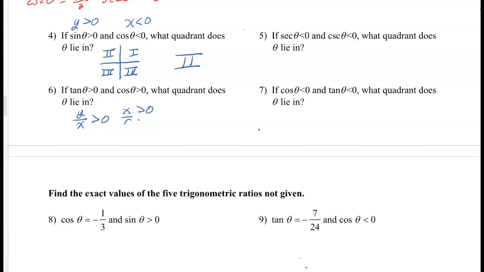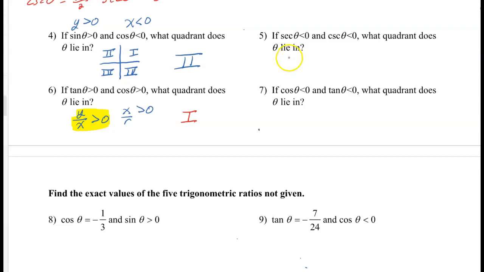So this is saying the x is positive, and the y must also be positive, since x over y is positive. So what quadrant must you lie in if x is positive and y is positive? For number 6, you have to lie in quadrant 1. It'd be my suggestion you pause the screen and try problems 5 and 7.